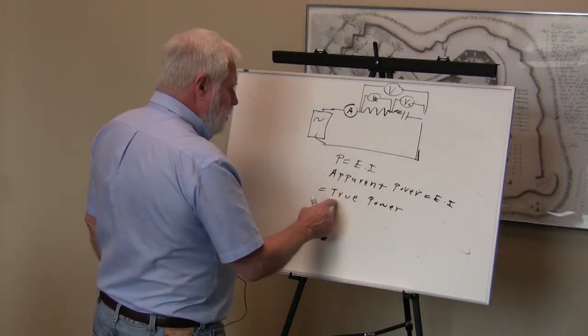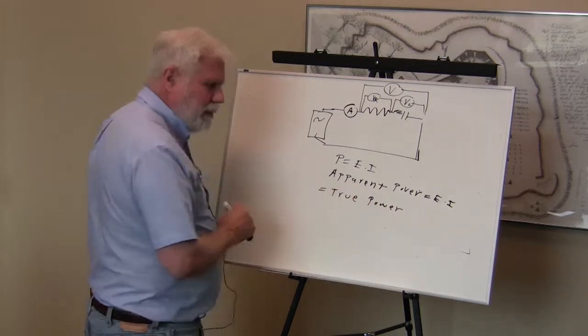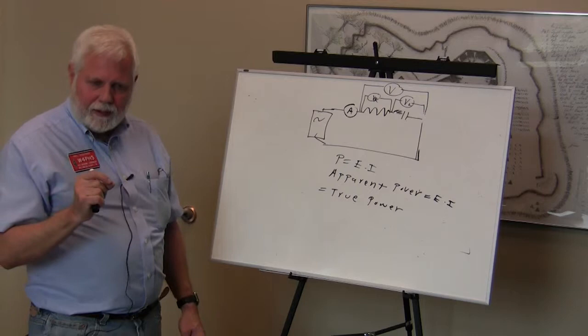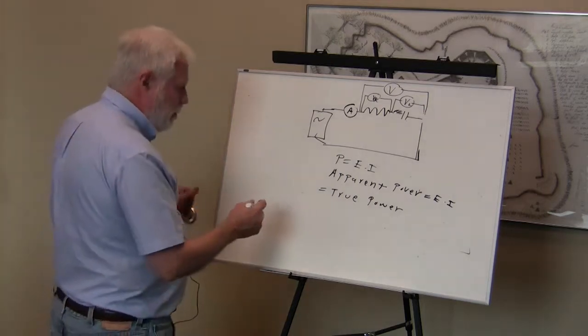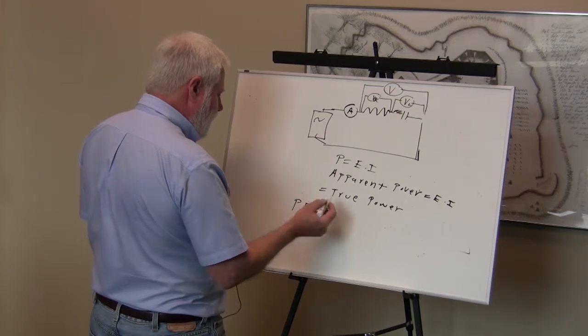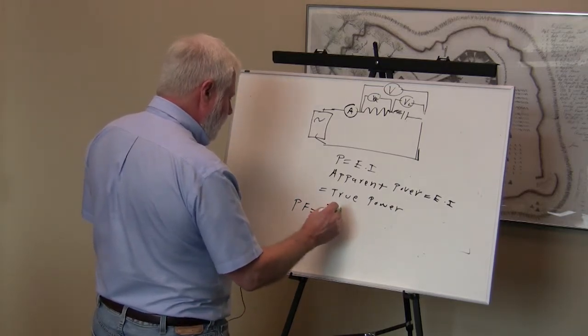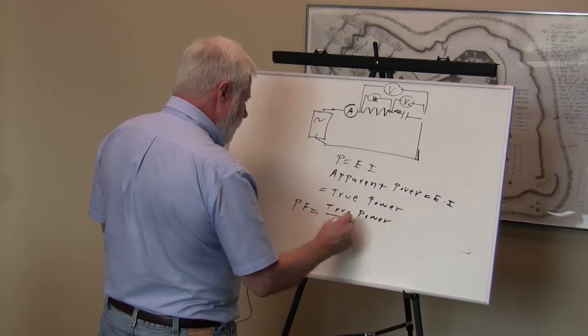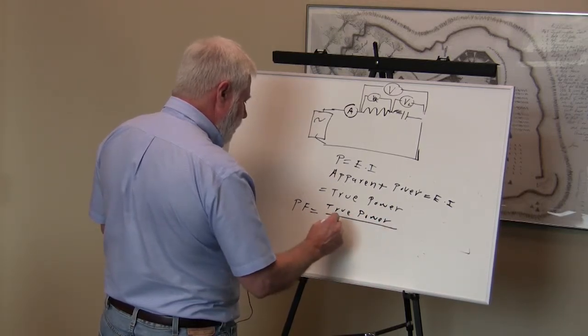If the true power is less than the apparent power, then that means the power factor is less than 1. Here's the formula for power factor. Power factor is equal to true power divided by apparent power.